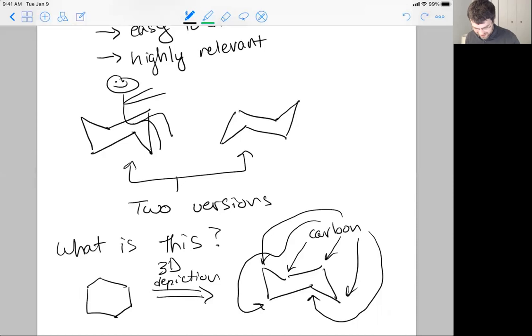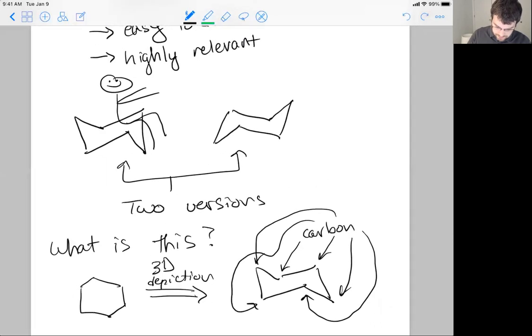So yes, I see now there are 6 corners to this shape. That is a carbon. So what you want to be able to do is draw the 2 versions very quickly. And then after you're able to draw the 2 versions, I want you to be able to add groups to the 2 versions appropriately. And that's going to require us to really get good at the fundamentals of drawing chair structures.